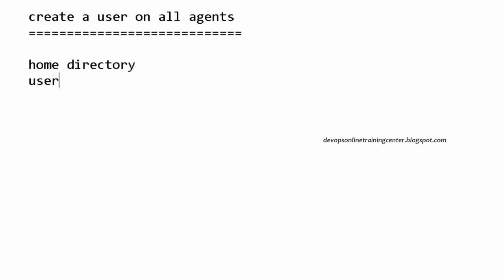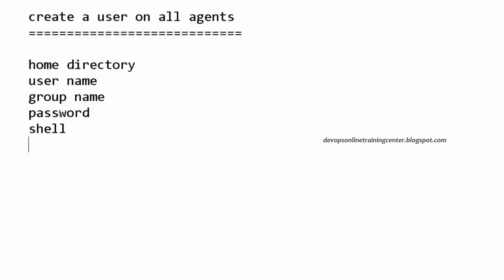Password, username, group name, and the shell with which he logs into the machine. These are some of the things required for the user to log in, right? So we want to create a user with a playbook.